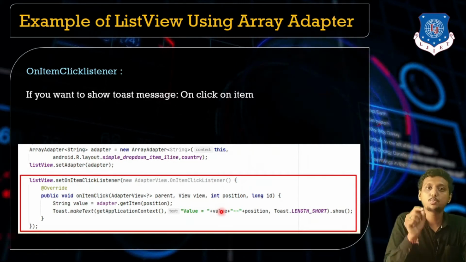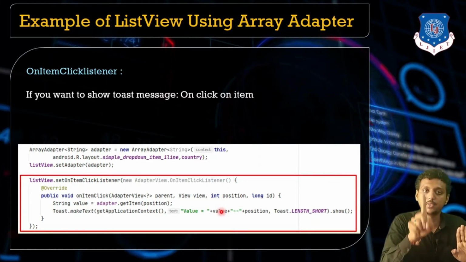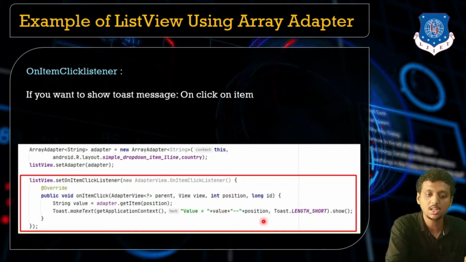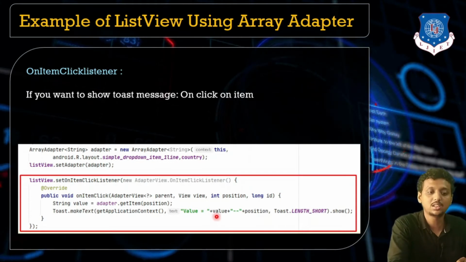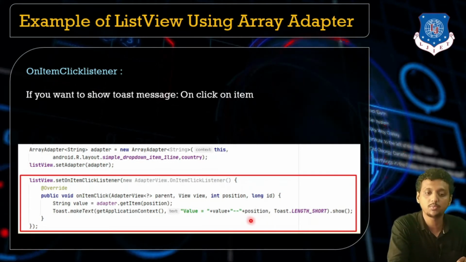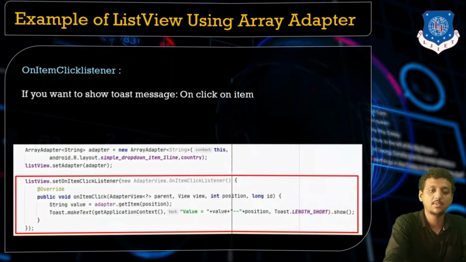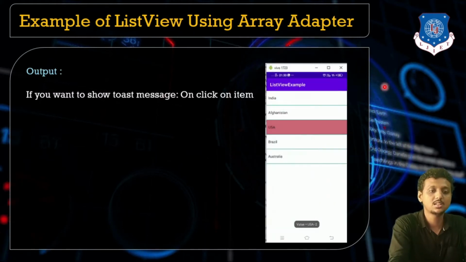So now, position means Afghanistan is at the first position, which returns 1, that is this particular variable position, and the value of that position is Afghanistan. So this returns Afghanistan at position 1. Toast length, we already know about the toast and how to show it, and when you run the program, you will get output like this. See, this is our first.